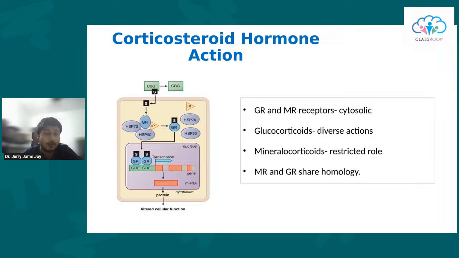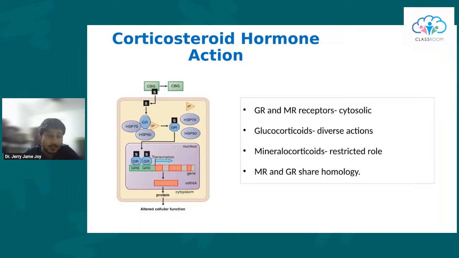Glucocorticoid receptors are found in an inactive form where they are bound to HSP70, heat shock protein 70, and HSP90. Once the cortisol binds to the glucocorticoid receptor, it gets activated. Then there will be conformational changes in the glucocorticoid receptor.